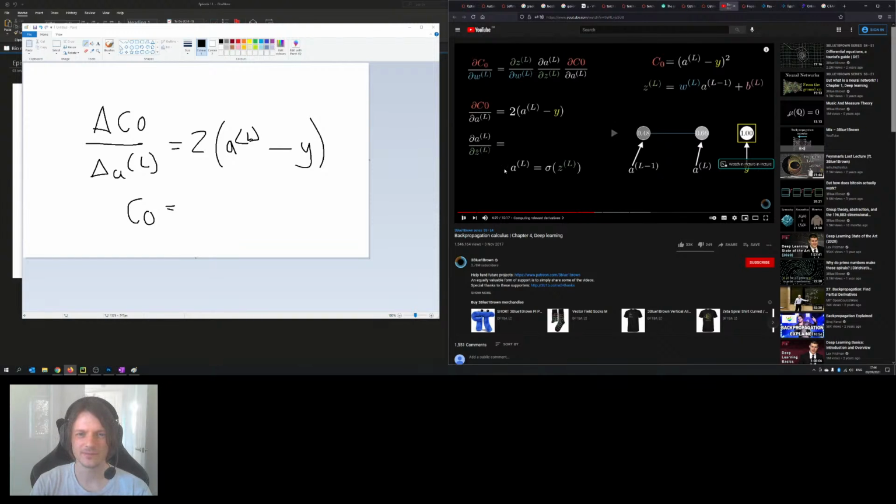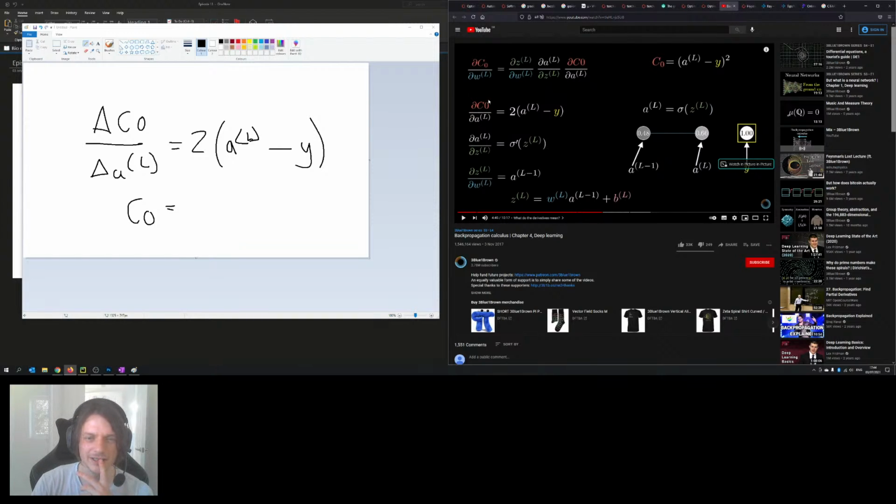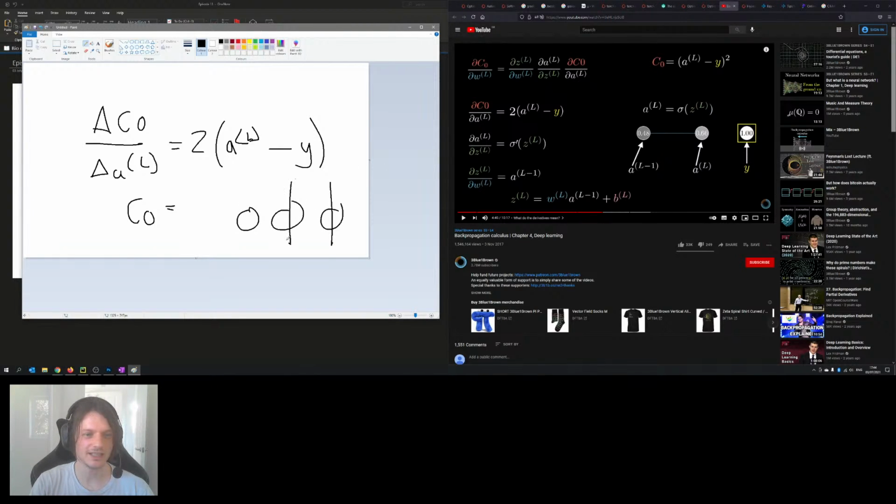And he's saying that the derivative of a of L with respect to Z of L is just the derivative of our sigmoid function, or whatever nonlinearity you choose to use. Yeah, okay. And the derivative of Z of L with respect to W of L, in this case, comes out just to be a of L minus 1. So the change in the current cost over the change in the activation of this layer. By the way, layer is equal to this, so this is layer 0, 1, 2, for example.